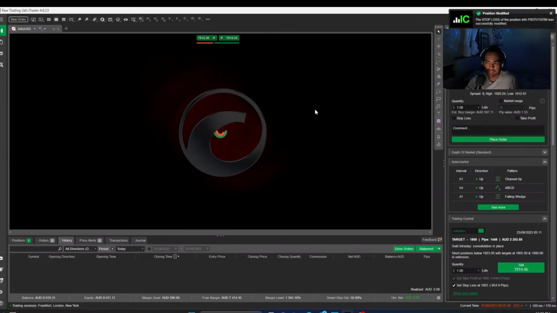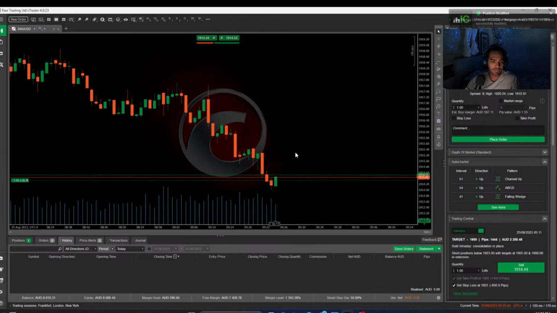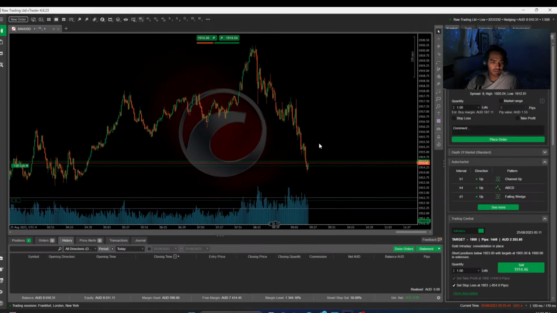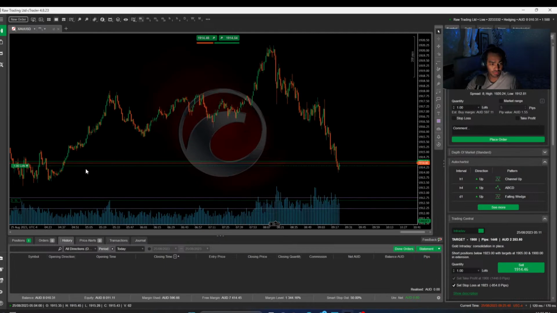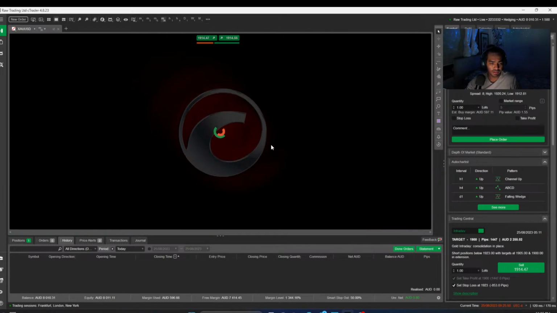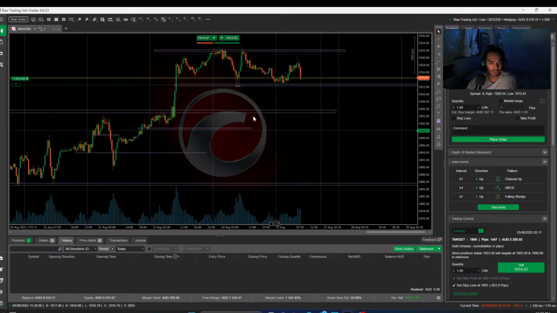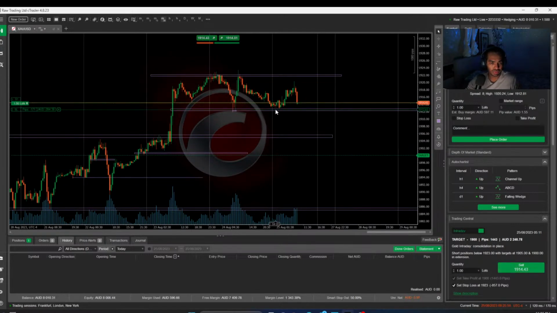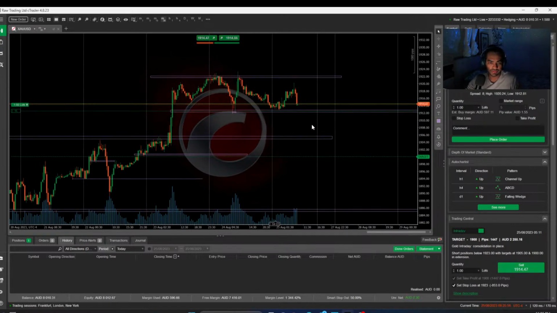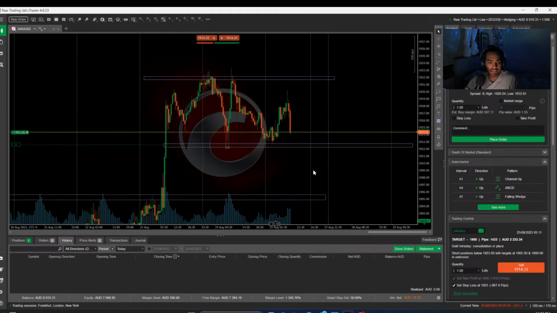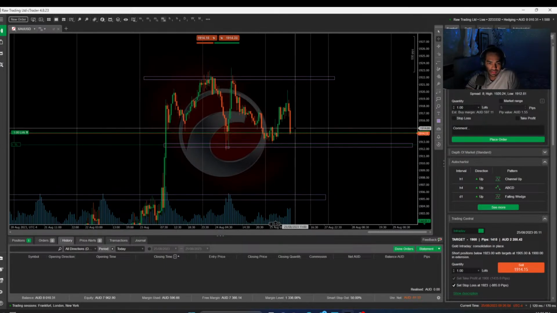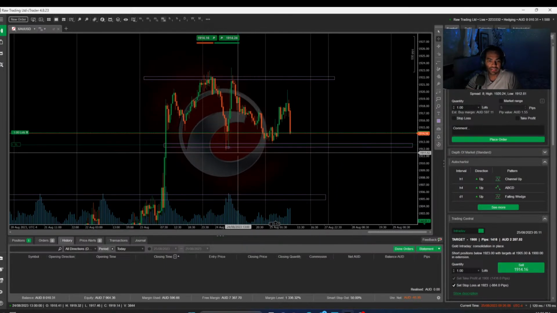So we are anticipating the price to go up because the price is around our major support area. The price has been bouncing from this support area like 1, 2, 3 times. It's gonna be the 4th time. So I think the price came to this level, grabbed the liquidity, and it's gonna go up like it did yesterday.